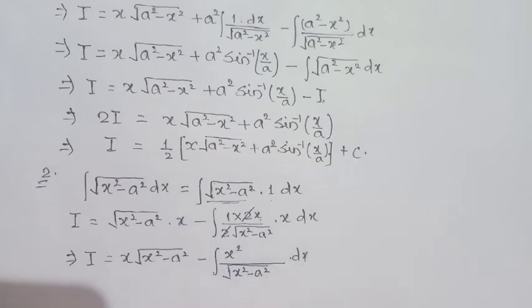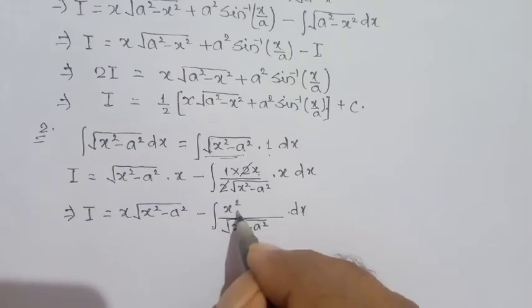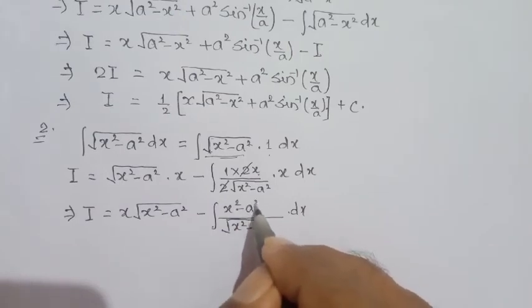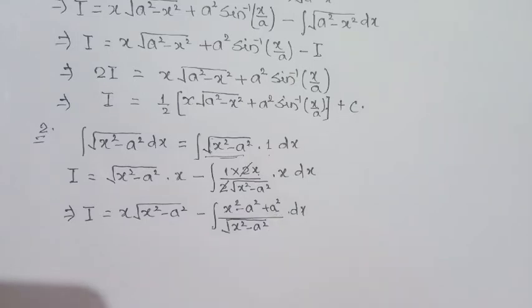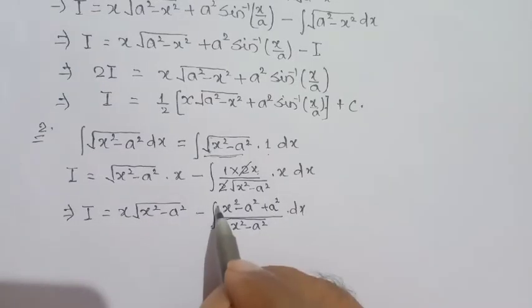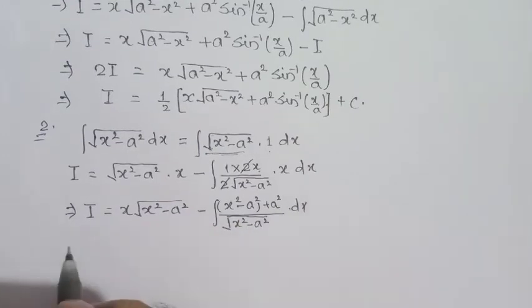Like the previous procedure, subtract a square and add a square in the numerator, and write this one as one integral and the second as another, in two parts.